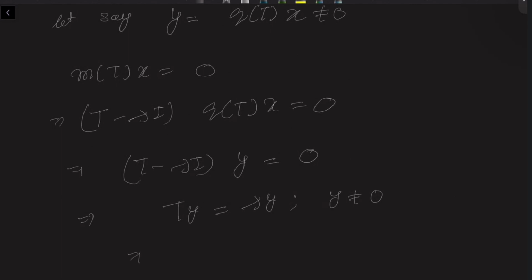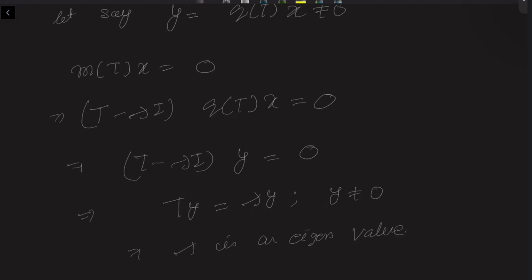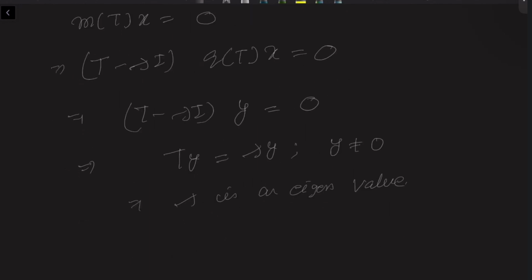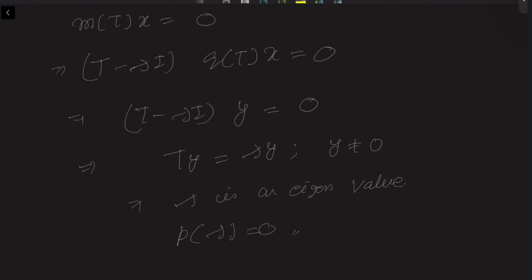That implies lambda is an eigenvalue, and we know that if lambda is an eigenvalue, then it is a root of the characteristic polynomial, or we can say that p of lambda equals 0. This is what we wanted to show. So this lemma actually tells us that the roots of the characteristic polynomial and the roots of the minimal polynomial are the same.